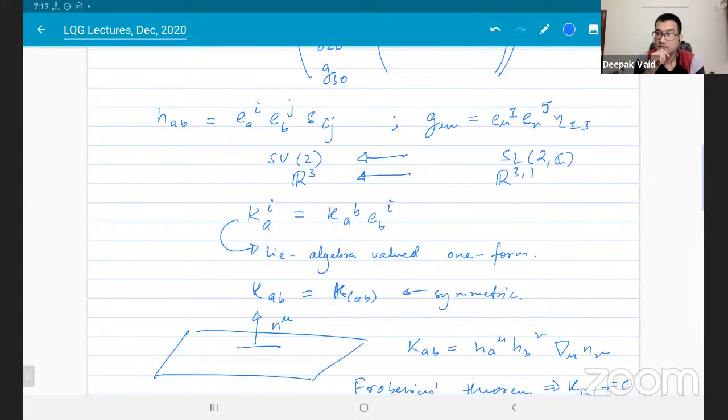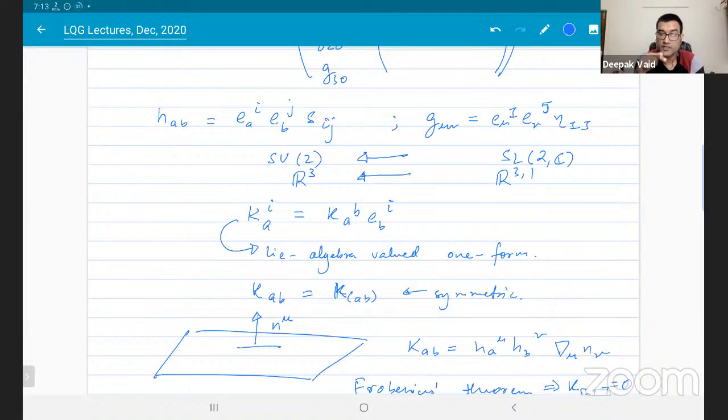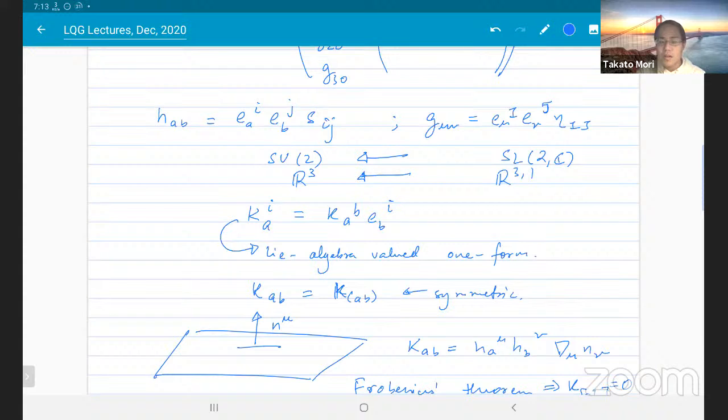Why that? Is there any difference? Well, SL2C is the double cover of SO(3,1). Just like SU2 is the double cover of SO3. Right. And why do we need to think of the double cover? Because with SL2C, you can work with spinors. Right. Okay. Yeah, that's right.